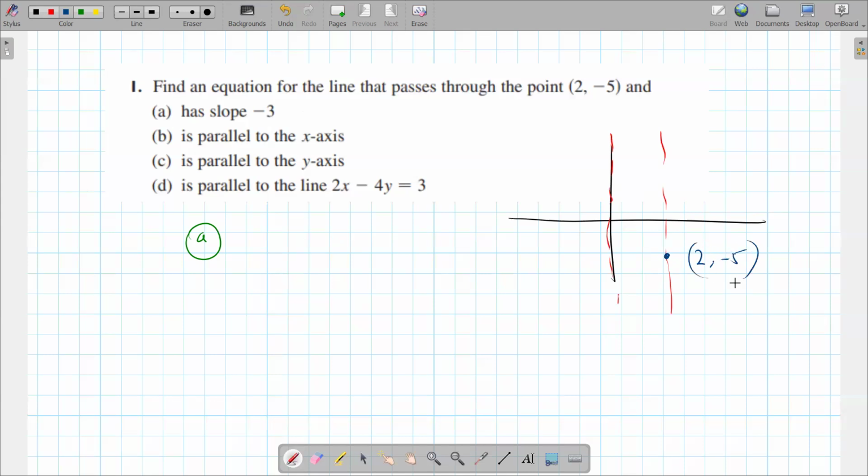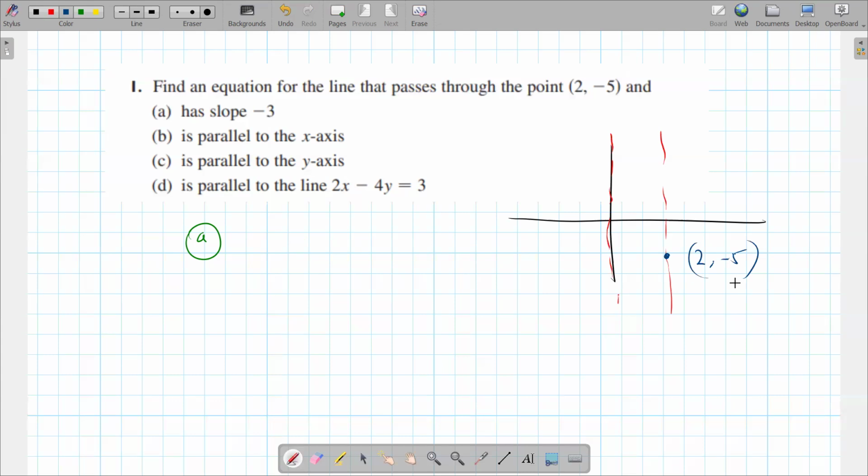How do we go about doing this one? Is it going to be in terms of y equals, or is it going to be x equals for a vertical line? It's going to be x equals.